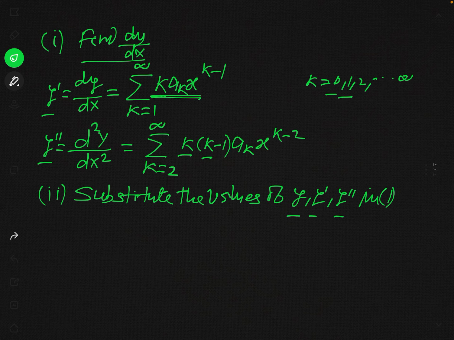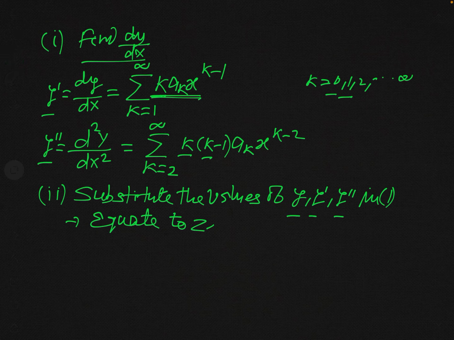When you substitute the values of y prime and y double prime in that equation, then in the next step, we will equate to 0 the coefficients of various powers of x, and find a2, a3, a4, and so on in terms of a0 and a1, as I have told you earlier.